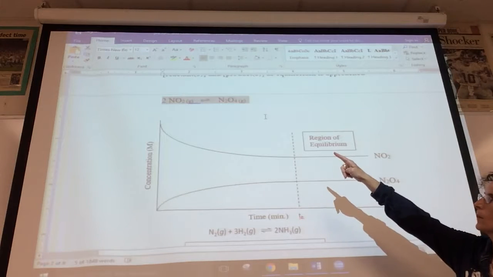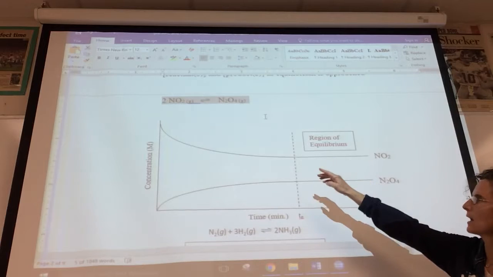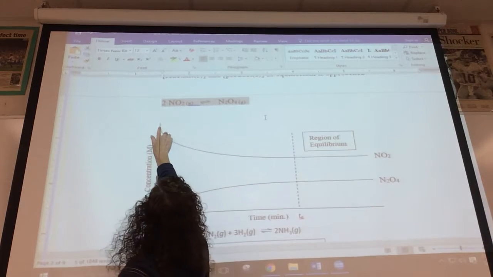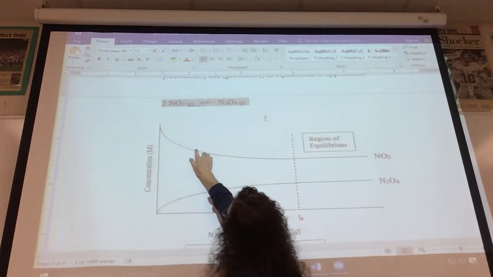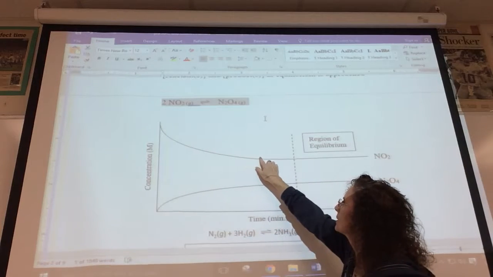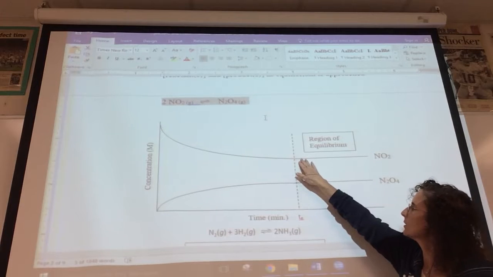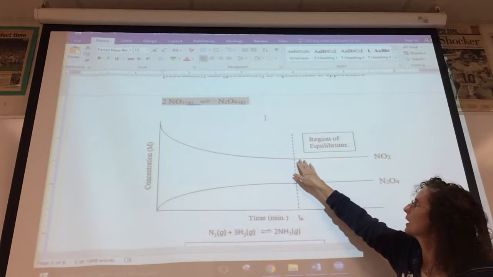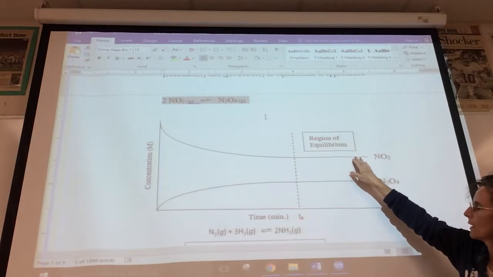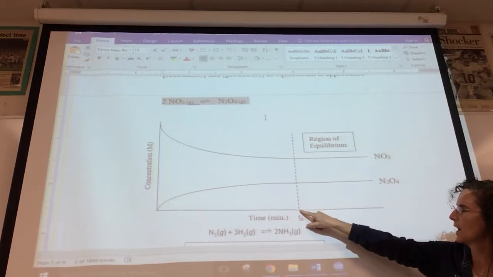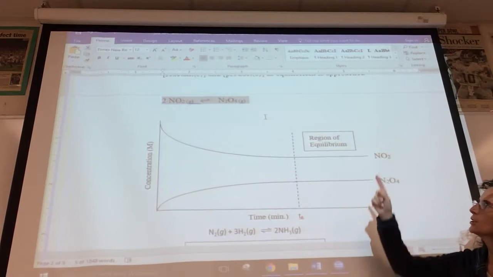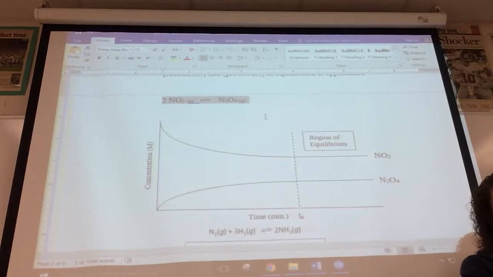Initially, all you have is nitrogen dioxide, shown here at some concentration. As the reaction goes in the forward direction, the nitrogen dioxide is consumed until a certain concentration at this point in time is reached. Initially, how much product do you have?